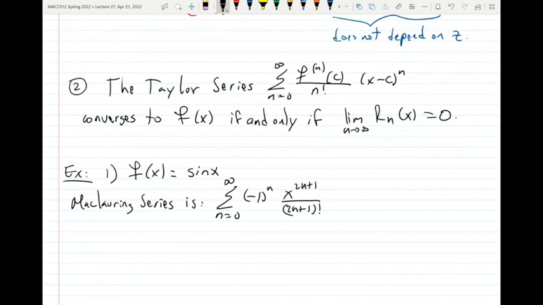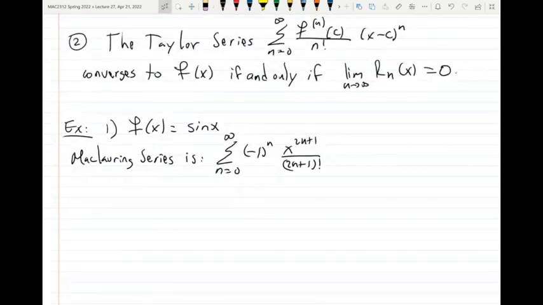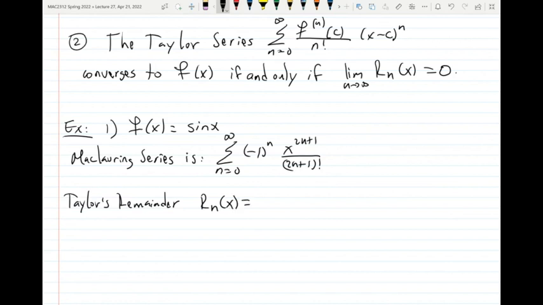Let's construct Rn. So the remainder, Taylor's remainder, Rn of x equals the n plus first derivative at z over n plus 1 factorial times x to the n plus 1.